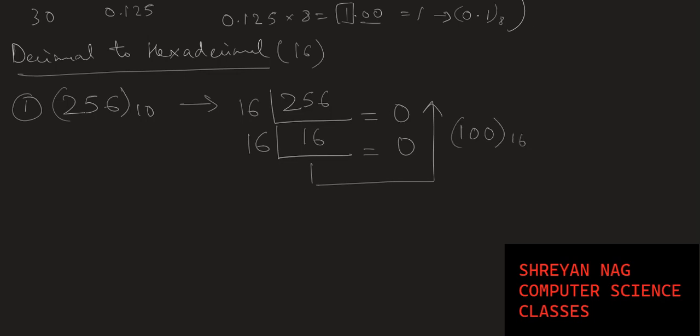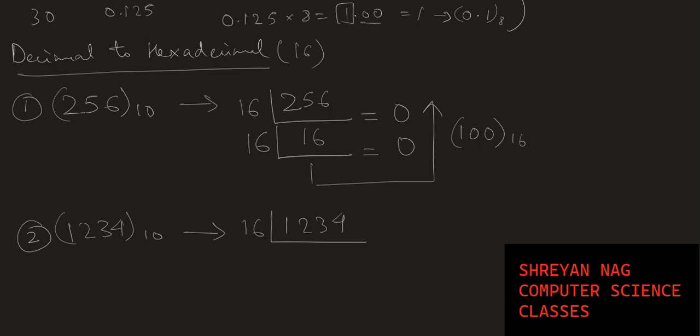Okay, let us take another example. Suppose 1234 base 10 to hexadecimal equivalent. So 1234 divided by 16. Let us do this. 16 into 70 is 1120.